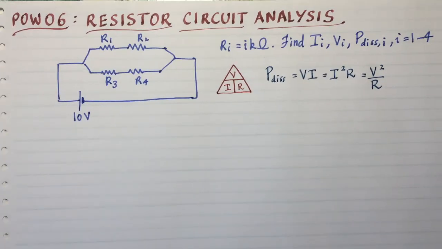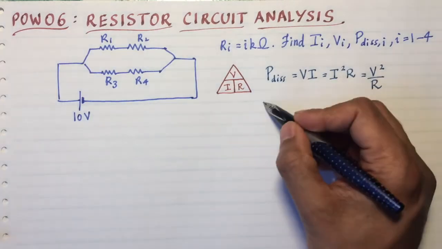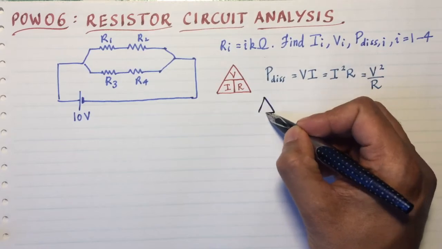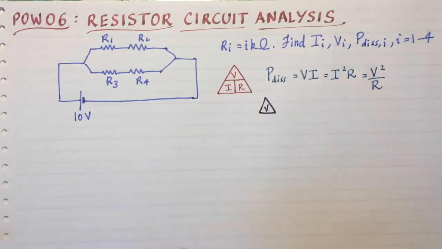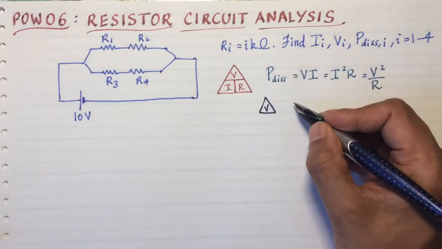Now we're going to use the following conventions in our circuit analysis. We're going to indicate the voltage by the triangle symbol V, and the voltage is going to be in volts on all of them.